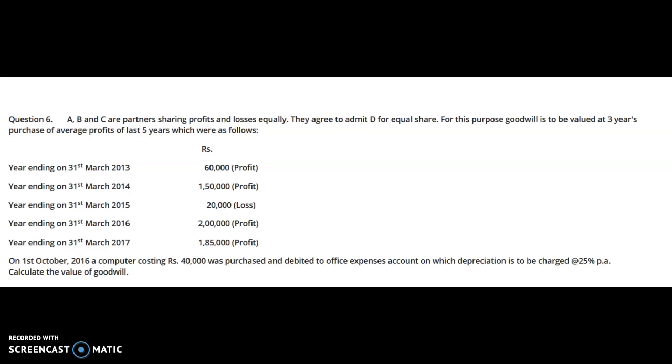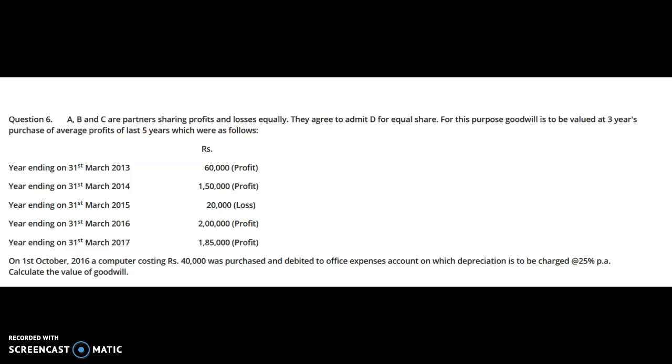See here, a very important piece of information is given. On 1st October 2016, a computer costing 40,000 was purchased and debited to office expenses account, on which depreciation is to be charged at the rate of 25% per annum.